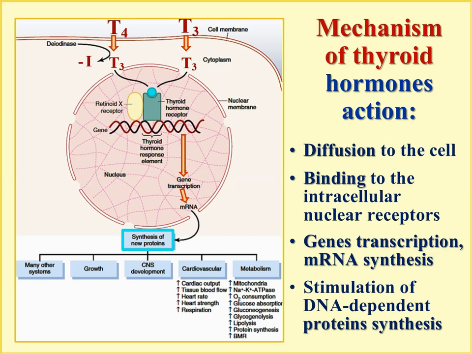But you can notice numerous metabolic effects, changes of cell metabolism, then a big group of cardiovascular effects, all stimulatory, and a number of effects that develop due to formation of new structural protein, and general growth is based on this, and specific type of growth and development of the central nervous system.